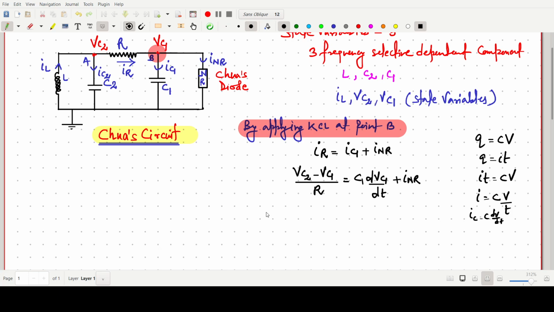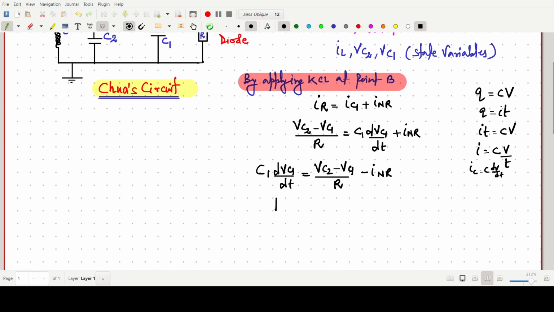Now one can write C1 dVC1 by dt equals (VC2 minus VC1) by R minus INR. Then dVC1 by dt equals 1 by RC1 times (VC2 minus VC1) minus INR by C1.